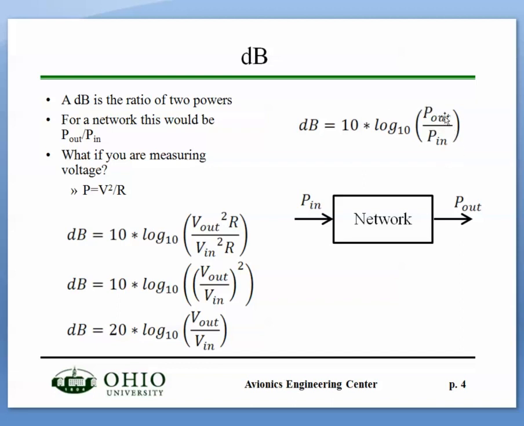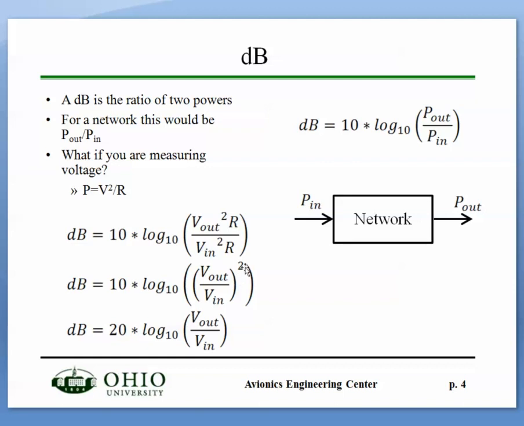Now, you might have, say, a 50 ohm input here and a 50 ohm output here, and you might have voltage measurements. If that were the case, then you could use P equals V squared over R to compute the power. So you could substitute in there, and you'd have V out squared over R over V in squared over R. The R's will cancel out, and you have V out squared over V in squared, and that quantity is squared.